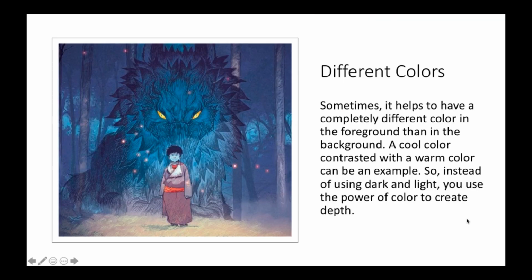Different colors. Sometimes it helps to have a completely different color in the foreground than in the background. A cool color contrasted with a warm color can be an example, like in here. So instead of using dark and light, you use the power of color to create depth. We saw before that a lot of times dark in the foreground is used and light in the background to create a contrast and a sense of depth.